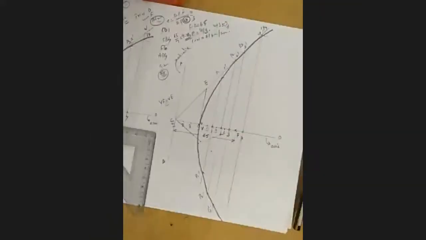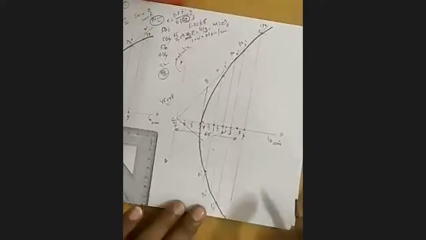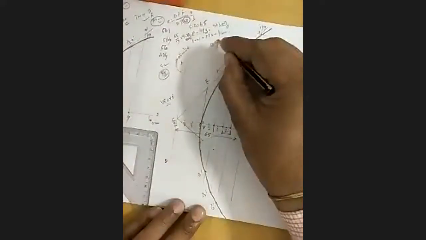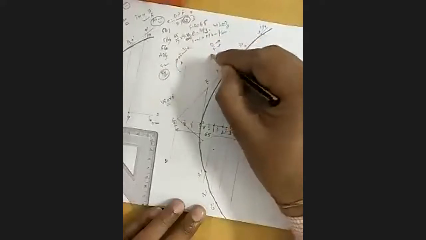Okay, listen up. Here, because I told you there are three ways of tangent and normal: one, directrix; second, focus; third, at any point.